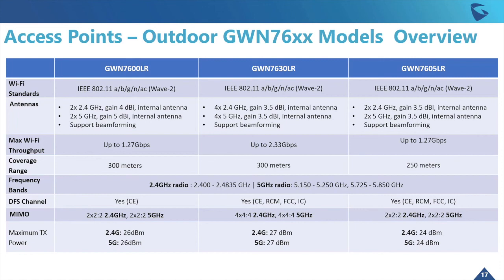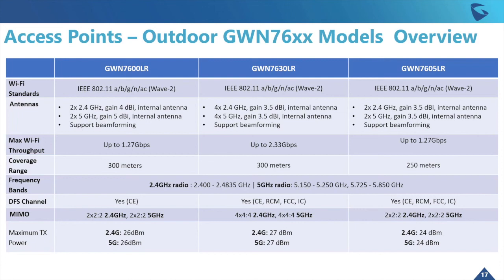For the outdoor access points, all of them support the legacy and the new standards, including 802.11ac Wave 2. All of them work on both 2.4 gigahertz and 5 gigahertz, and the throughput is different from one model to the other. The GWN7600LR provides a throughput of 1.27 gigabits per second.